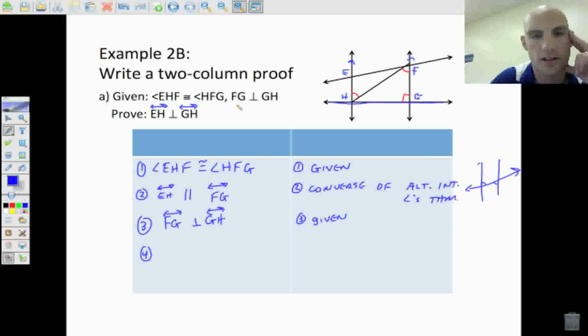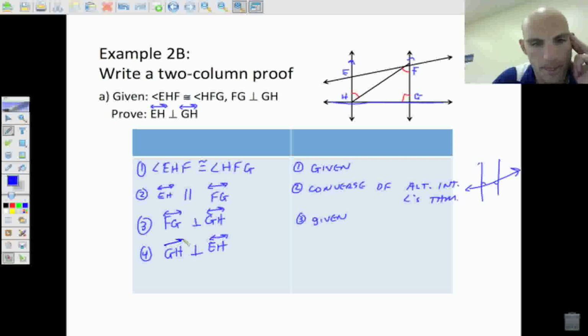Guys, look at this. It's perpendicular to one of them. This line here, HG, is perpendicular to, okay? Let me rewrite this. GH must be perpendicular to EH.